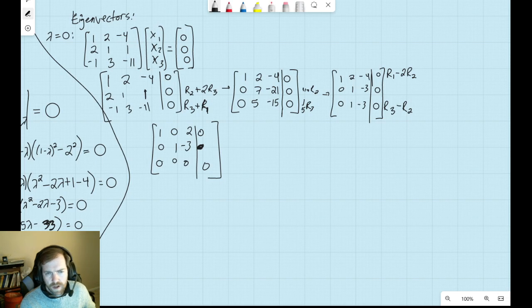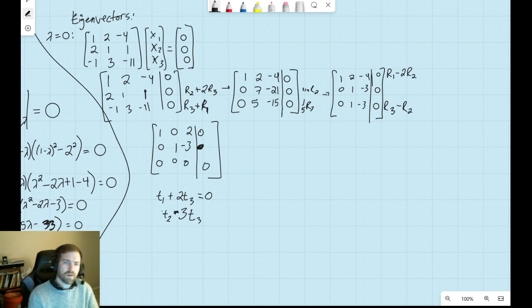So what we've got here is now 1 x1 plus 2 x3 is equal to 0, and 1 x2 is minus 3 x3 equals 0. This really should be x's, just to stay consistent.